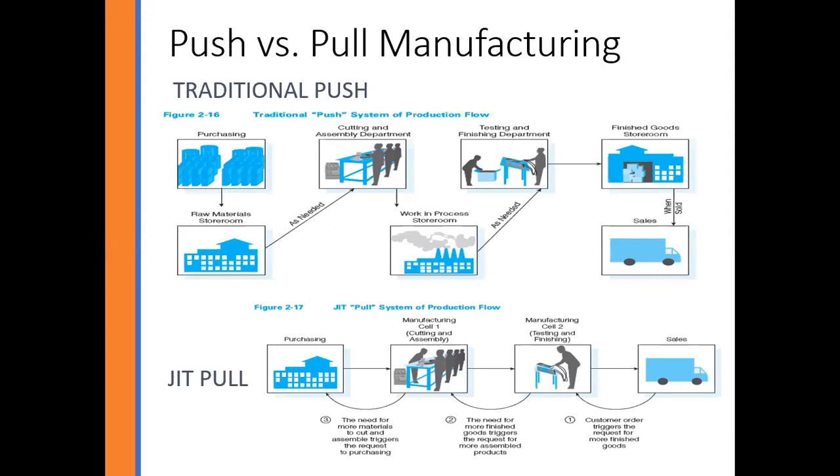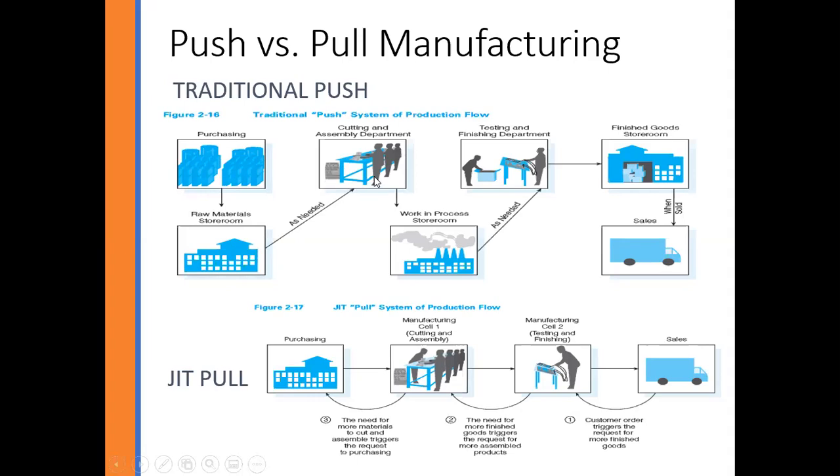All right, so just-in-time manufacturing is considered pull manufacturing, and hopefully these illustrations help to show that to you. So this is the traditional push model, right? The traditional push model starts with purchasing. We purchase the materials, they're put into the storeroom, and they're kept in the storeroom until we need them. Once the production plant needs them, then they're sent over to that production department.